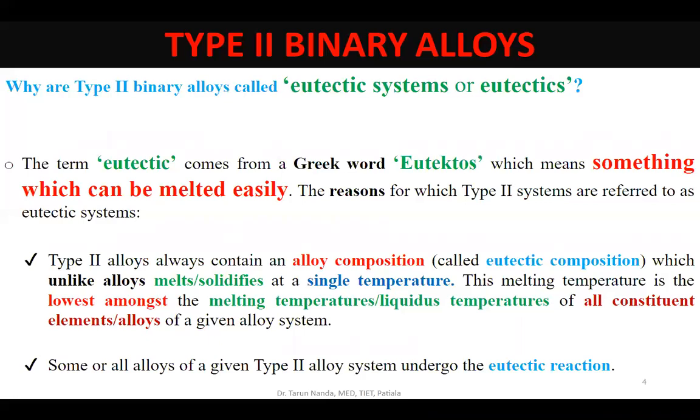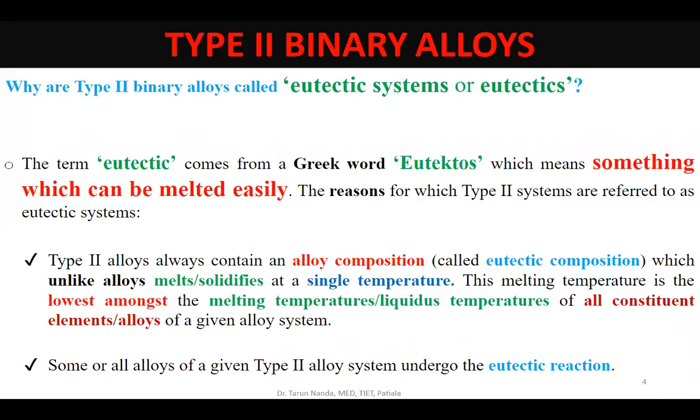Why? You see, the term eutectic again comes from the Greek language. The word in Greek is eutectos, and this term means anything which is capable of getting melted very easily. So if you heat something and it gets very easily melted, it's a eutectos. There are 2 reasons why type 2 systems and thereafter also type 3 systems are referred to as eutectic systems.